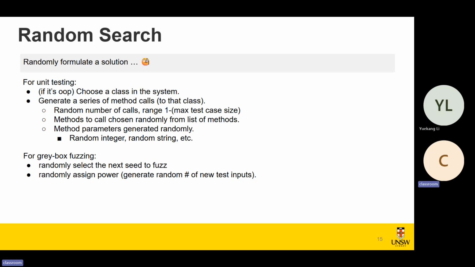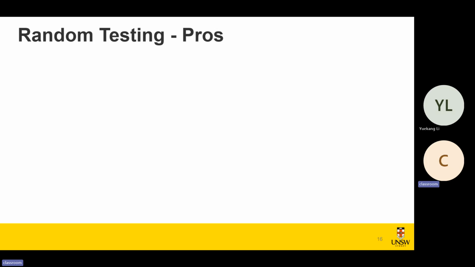This is called the power scheduling problem. When dealing with it, we can randomly assign powers, randomly determine how many new test inputs to generate with the given seed. And of course, we can randomly mutate the seed to create new test cases. So we can do things fully randomly.